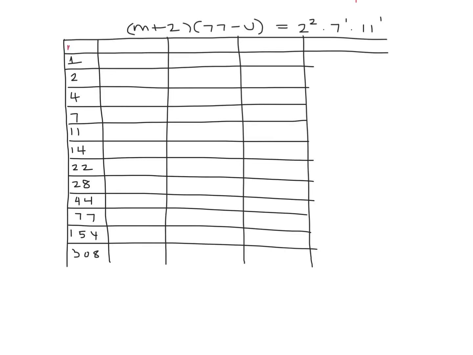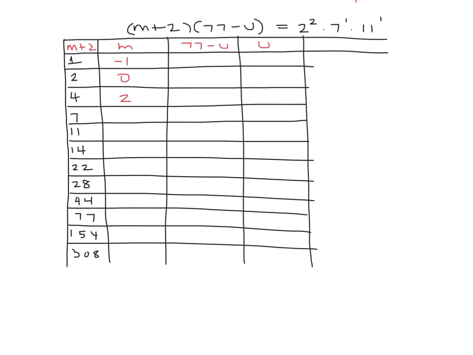Sorry, actually, m plus 2 is actually this guy right here. This is m plus 2. And then this would be m, and then we can put 77 minus u and u. So if m plus 2 is 1, that means m is negative 1, this is 0, and this is 2.